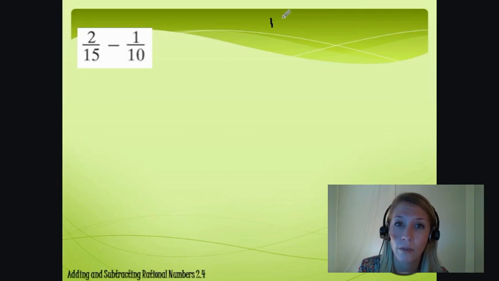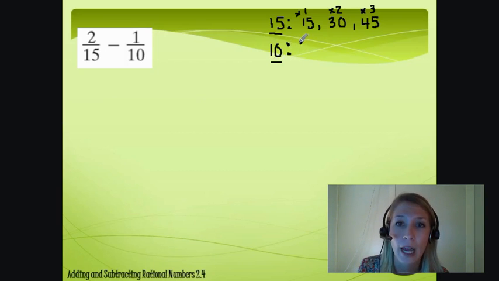Here we have 15. Multiplied by 1 is 15. Multiplied by 2 is 30. Multiplied by 3 is 45. But let's go ahead and stop there and see if we can find a multiple of 10 that will match any of the multiples provided thus far.